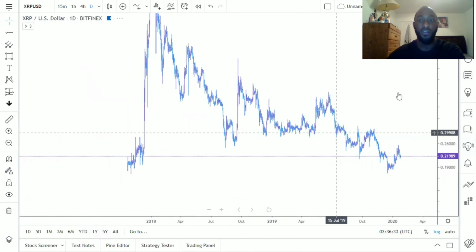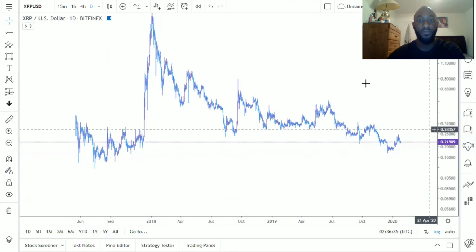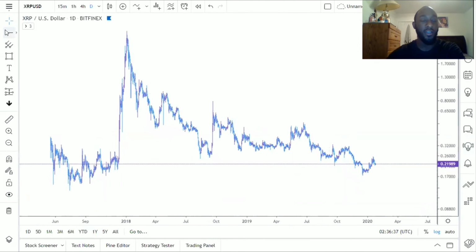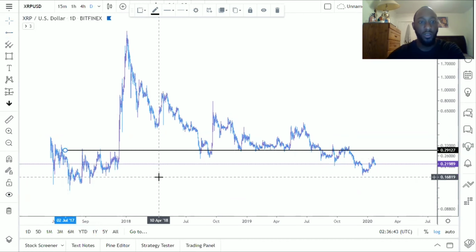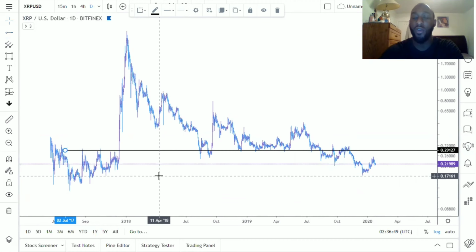If we're trading it like this, we could identify support and resistance very quickly by putting a line through this level. You want to identify levels that have been touched at least 3 to 4 times. 2 times is kind of risky. You want to see that level be tested more than once.